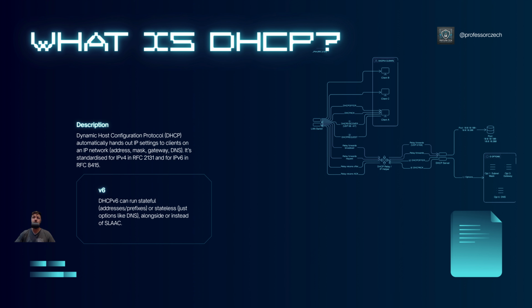Or stateless, where hosts build their own address via SLAAC, which is guided by router advertisement, and DHCPv6 supplies just the extras like DNS. It's like a hotel that either assigns your exact room, which is stateful, or lets you pick any room on the floor and simply hands you the Wi-Fi password and pool schedule.